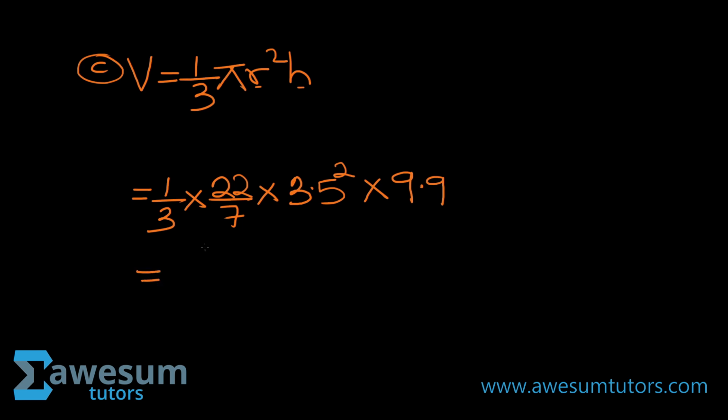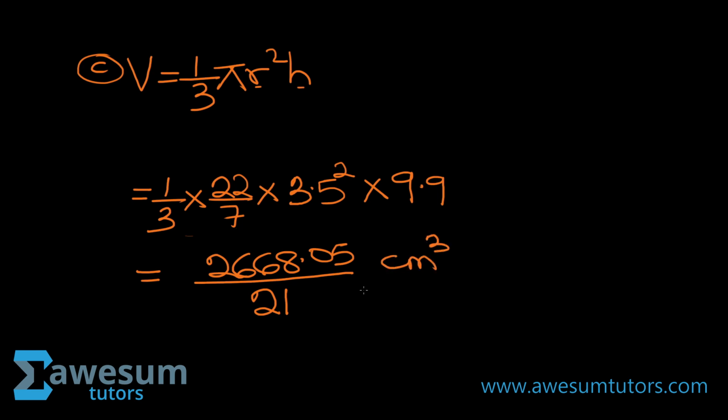If you multiply your numerator out, that's going to be 2668.05. Remember, 3.5 squared means 3.5 times 3.5. Over 3 times 7 is 21. And this is going to be centimeter cube, because you are looking for volume.